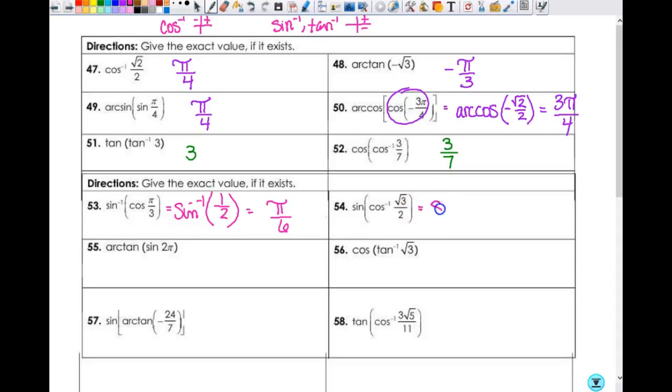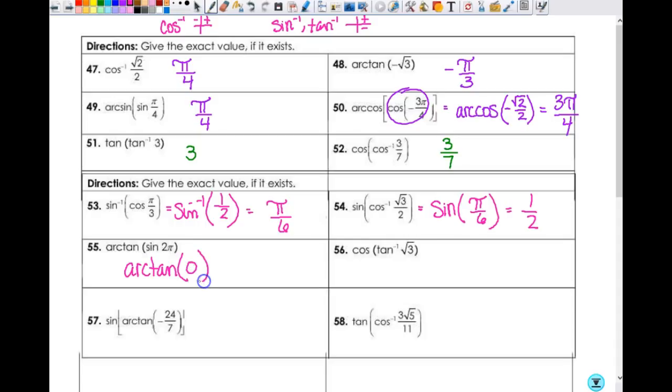54. I want the sine of, well, cosine inverse of the square root of 3 over 2 is pi sixths. So the sine of pi sixths is 1/2. Here I want the arctangent of the sine of 2 pi. So I want the arctangent of, well, the sine of 2 pi is the same as 0. The y value there is 0.